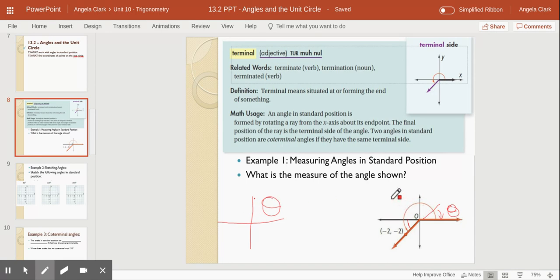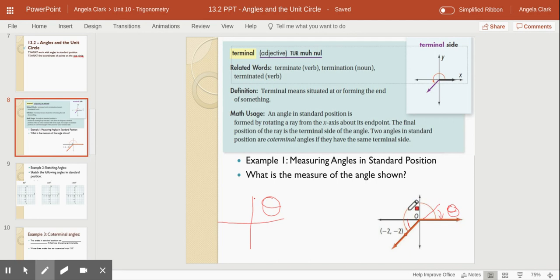Then if my terminal side were in the second quadrant, then my theta would be here. This part here is 180 degrees, yes? Yes. So this is 180 degrees. If my angle is in the second quadrant, then my actual angle is going to be 180 degrees minus that reference angle.